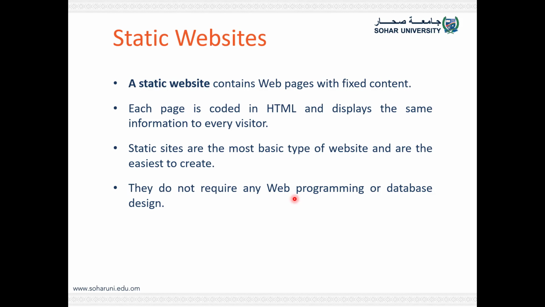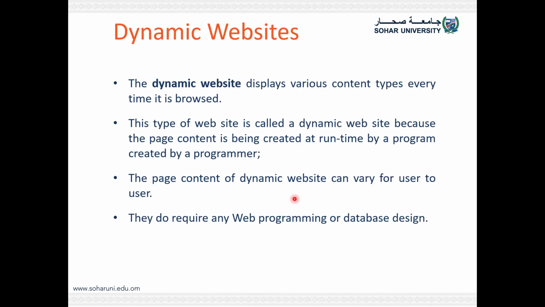Now, when we talk about the dynamic website on the other side, it displays not fixed content, but various content every time it is browsed. An example of a dynamic website that we also use at Sohar University is the Educate registration page that we use to register every semester. This is a dynamic page.